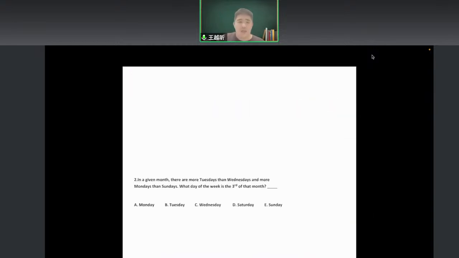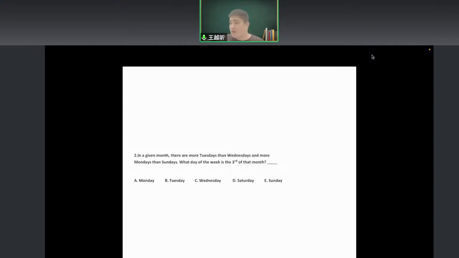The second one is also a typical question in the GEP test. This is the calendar question. When we see this type of question, we can first write down the 4 weeks in a month.